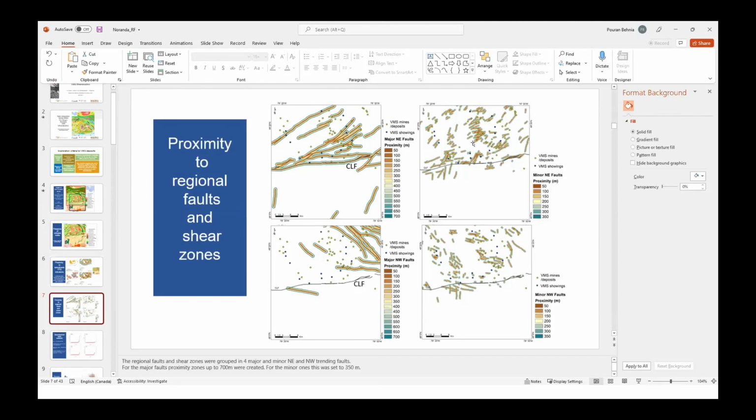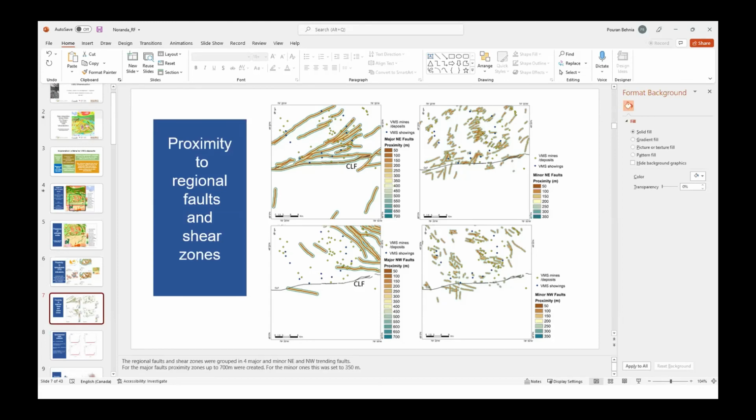By just looking at this, we could see that these minor northeast trendings should have high predictive power, high values. And this was shown in the values we got from the model.